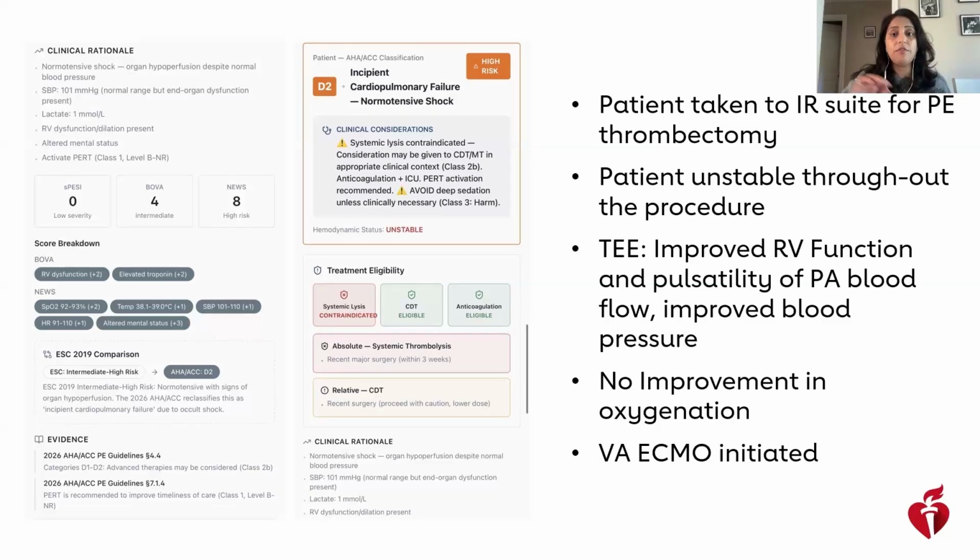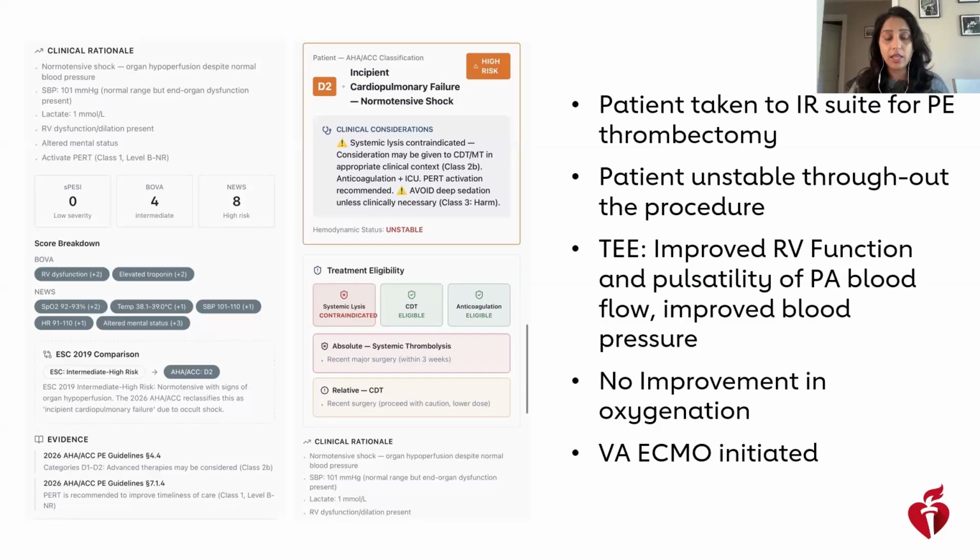When we did have this conversation with the PERT team, we had decided if the patient decompensates, we're unable to give him lytics, should we then initiate ECMO? And this decision was made ahead of time, where if we did not see any improvement in the patient's status, we were to call the CT surgery team to initiate ECMO in the IR suite.